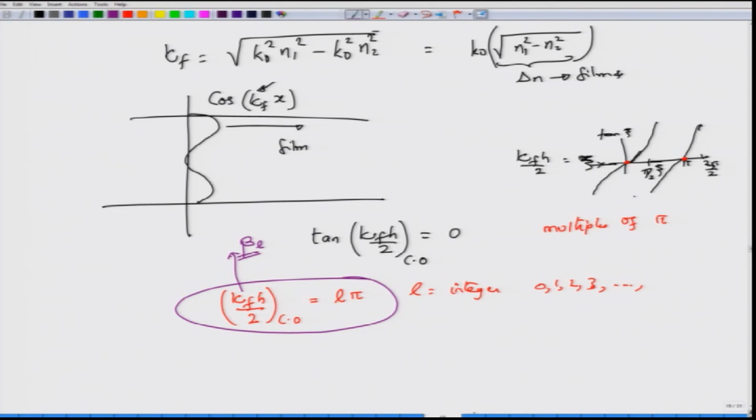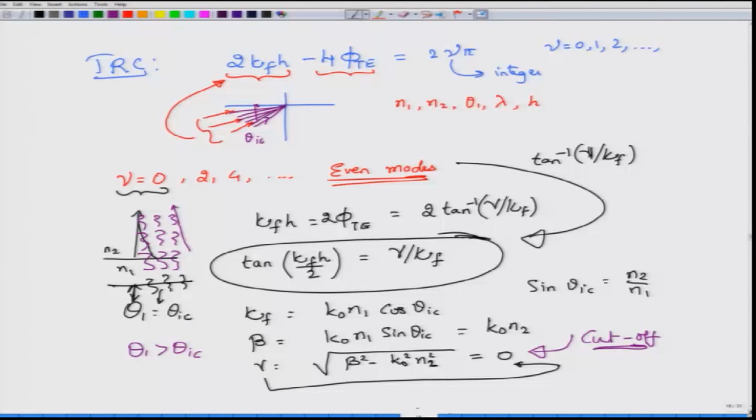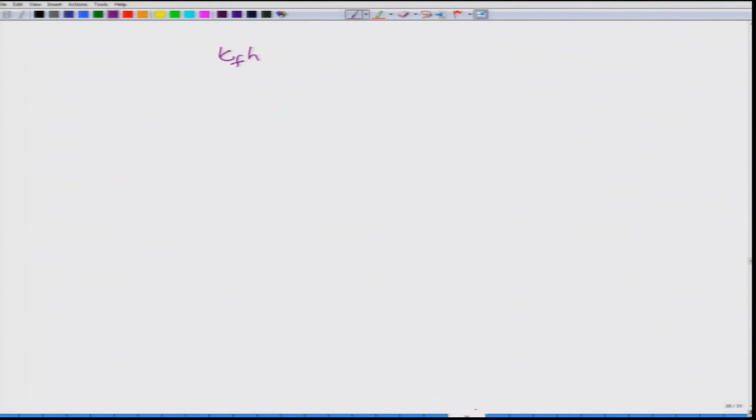Now, let us get back to the transverse resonance condition which we wrote earlier. I believe the condition was 2 kappa f h minus 4 phi TE is equal to 2 nu times pi. Let us write it this way: phi TE is equal to (kappa f h minus nu pi) divided by 2, and now we consider the case where nu is odd.